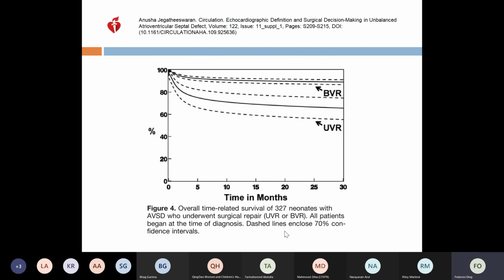They actually measured close follow-up for biventricular repair and univentricular repair. You can see the survival of these patients after both strategies.